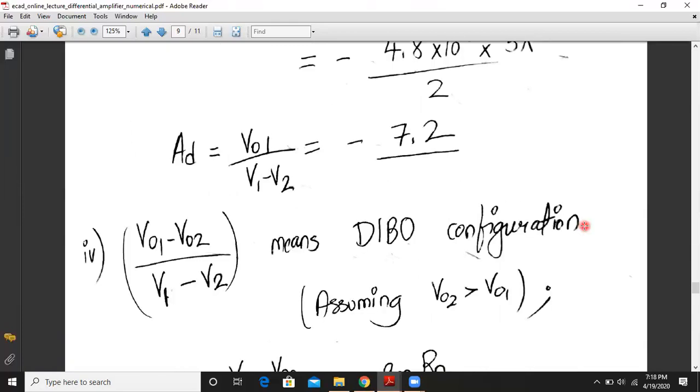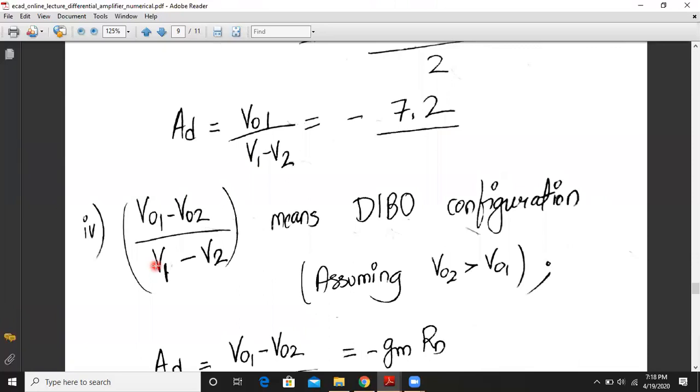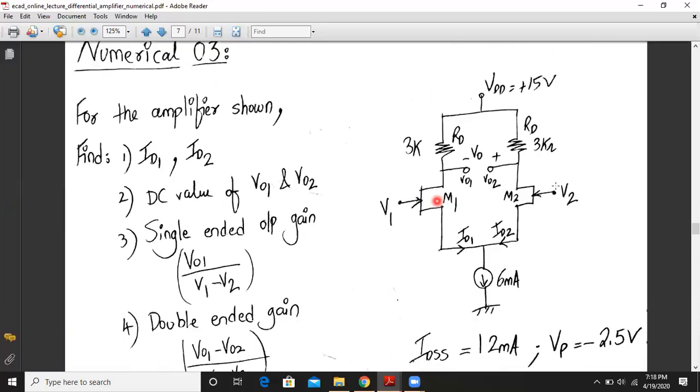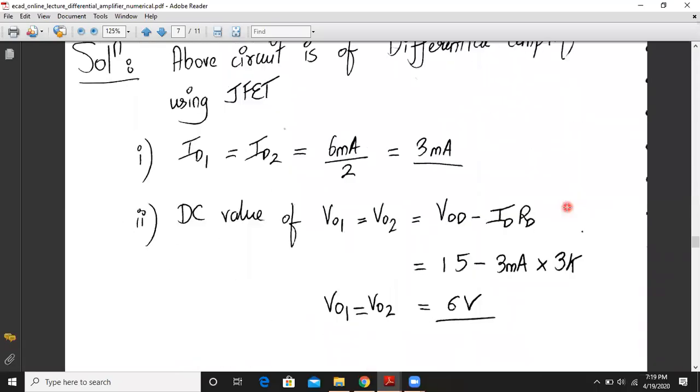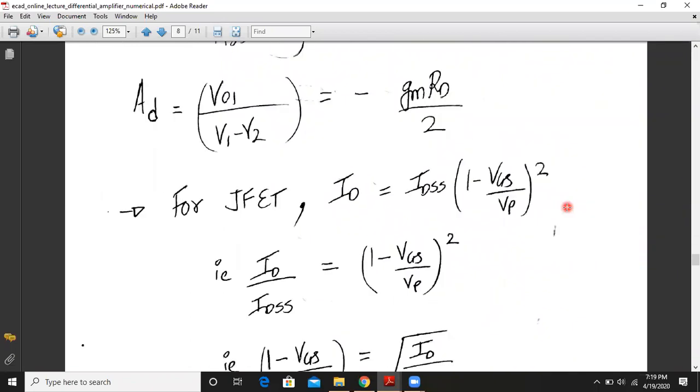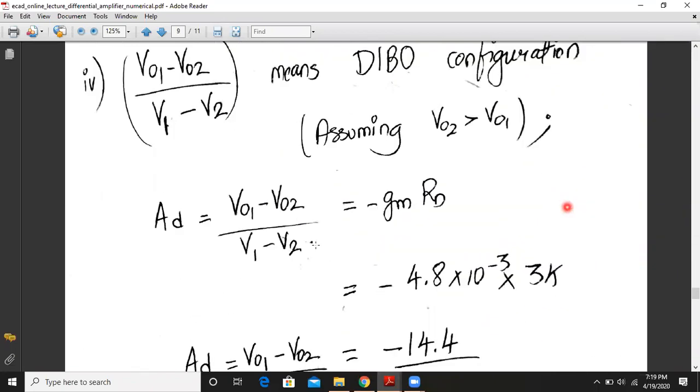Now let us go to the fourth part. The fourth part is asking us to find VO1 minus VO2 divided by V1 minus V2. That means they are asking us to find the differential voltage gain for a DI-BO configuration for this circuit. Now both the outputs are active. For DI-BO, let us check what the formula will be. The formula for differential voltage gain is AD equal to minus GM into RD.